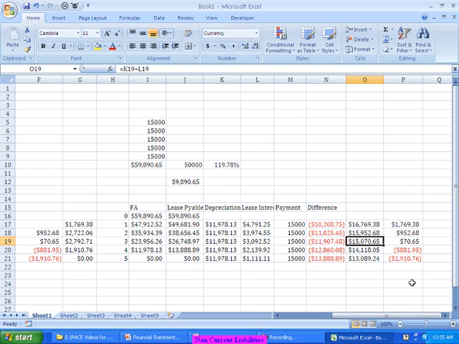In the fourth year, your expense is only 14,118, but you are still paying 15,000. So you are paying an excess of almost 880. That should reduce your liability by 880. So from 2,792, which was your outstanding liability, if I remove 881, it has come to 1,910.